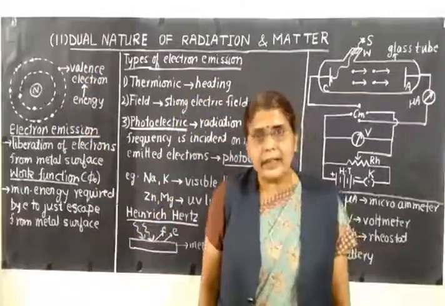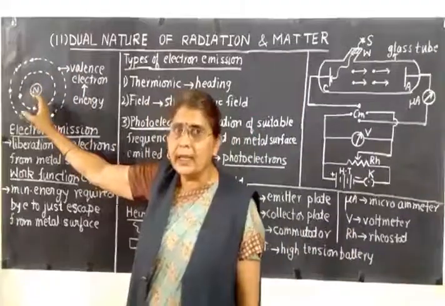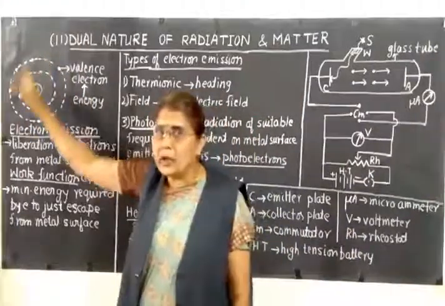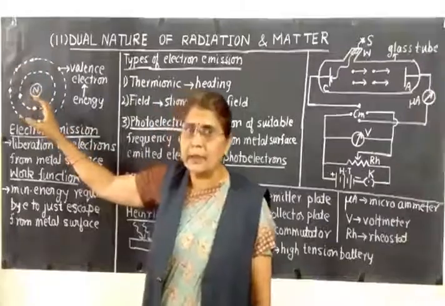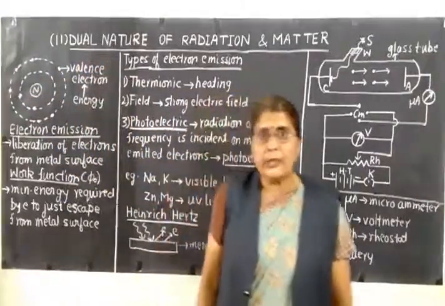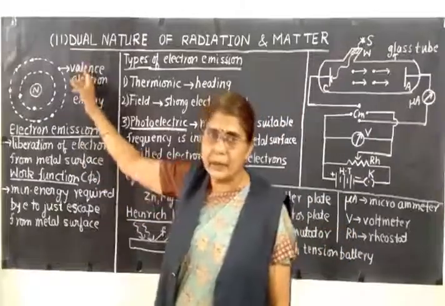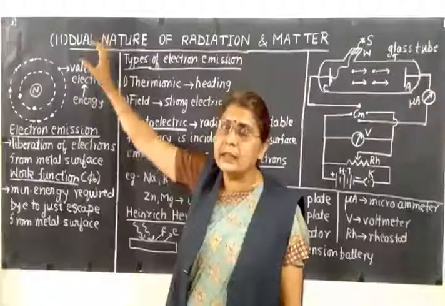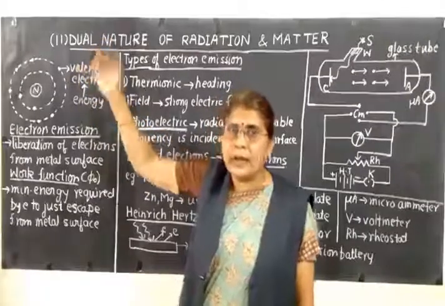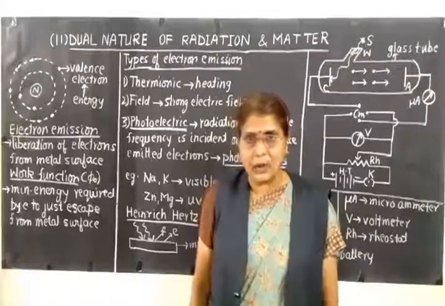These valence electrons are less tightly bound to the nucleus compared to the electrons in the inner orbits. So these are loosely bound electrons. You can very easily free these electrons by supplying energy to them. If you supply energy to the valence electrons, you can liberate the electrons.